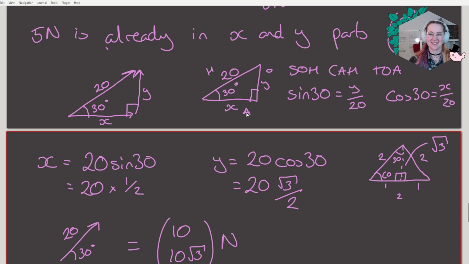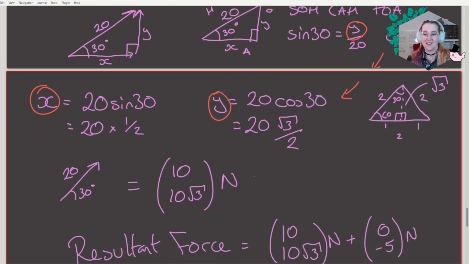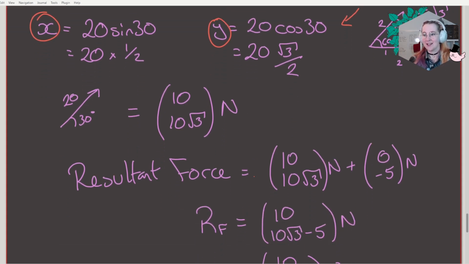I'd made a mistake. There we go. Okay, let's just red pen this because it's safer. When I came across here, from here to here, I swapped my x's and my y's. So the x should have been the cos, the y should have been the sine. Which means that this vector is the wrong way round, and it should be 10 root 3.